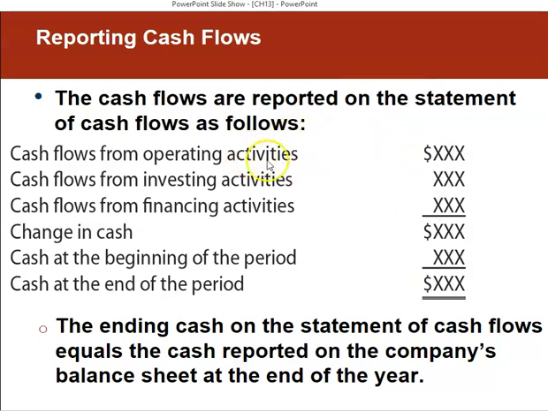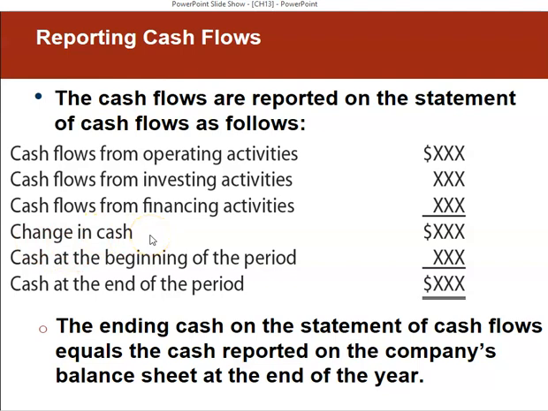Is it because we made a lot of profit and had a lot of cash flow from operating activities? Or perhaps did we sell a whole bunch of our fixed assets? Or maybe we went and borrowed a bunch of money, or even sold off some of the company. All of these items, pluses and minuses, impact the change in cash.